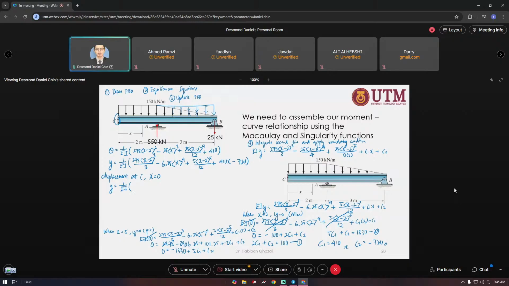If we substitute 0, then 0 minus 2 inside the bracket is negative, so this part becomes 0. This part also 0. This part also 0. 410 multiplied by 0 is also 0. So you are only left with negative 720. So your final answer is negative 720 over EI.